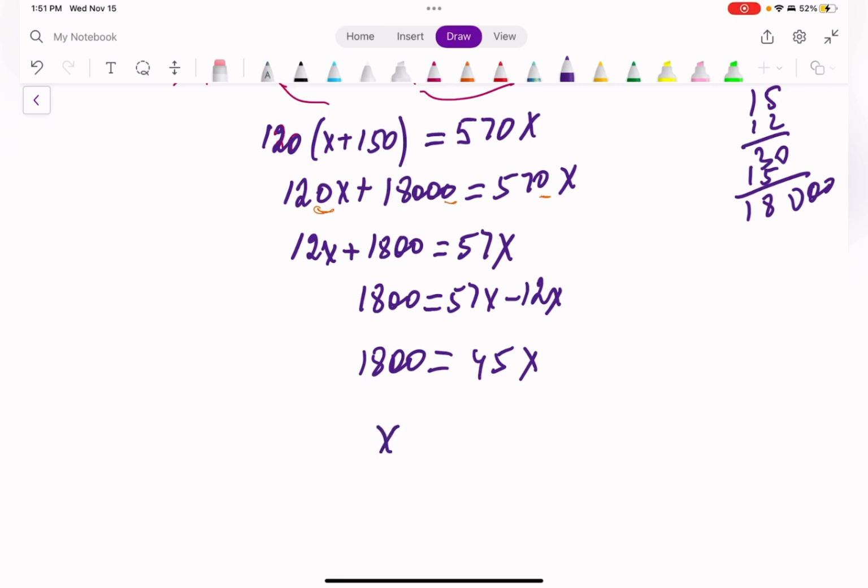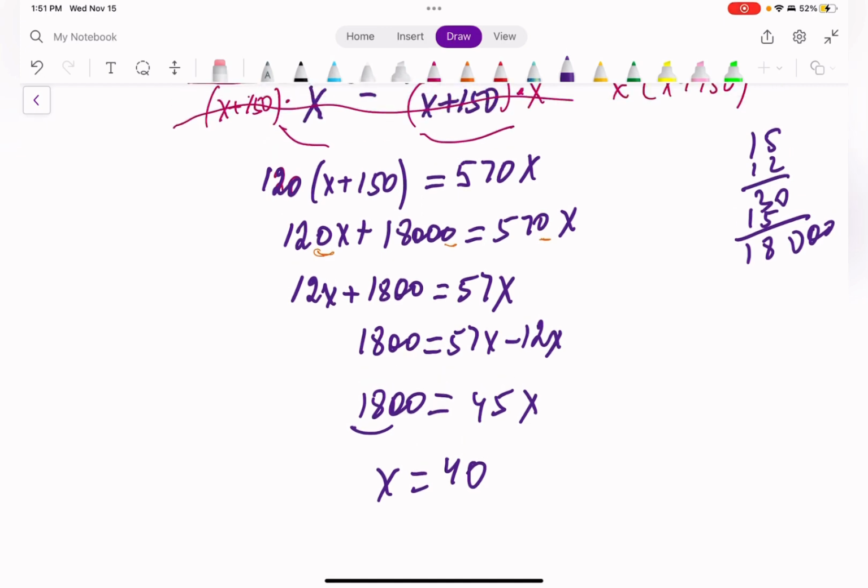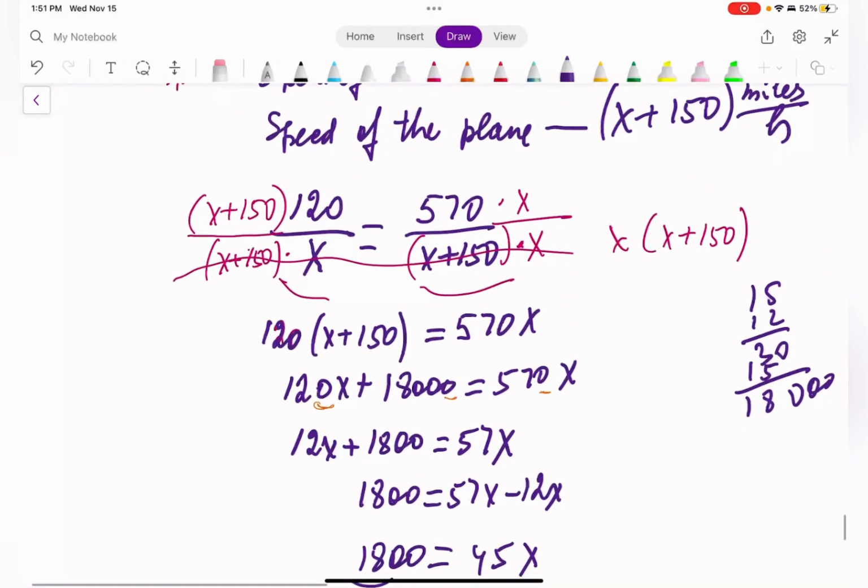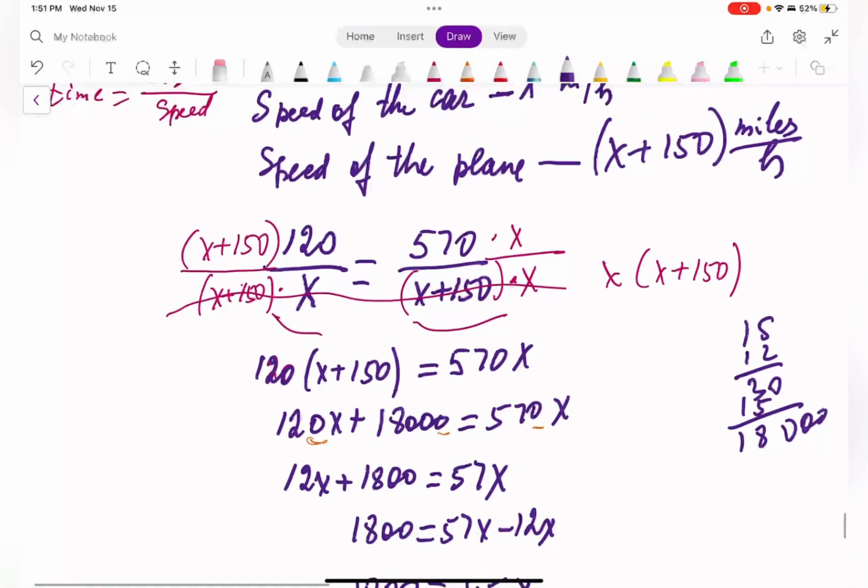45x, and x is equal to 1800 divided by 45, which is going to be 40. So within 40 hours, the car will drive 120 miles, right?